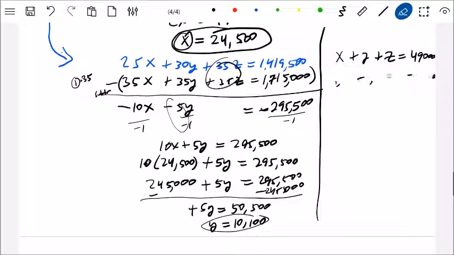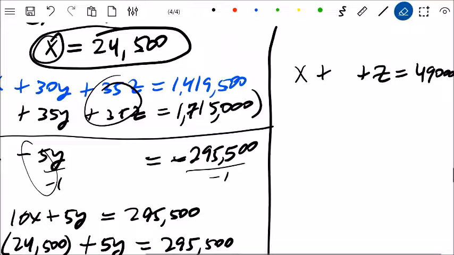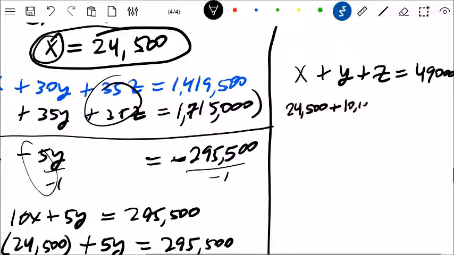Hold on, I'm going to write this one more neatly and clearly to make sure that everyone can see it. So the x was 24,500 plus for the y, 10,100 plus z equals our 49,000 there.